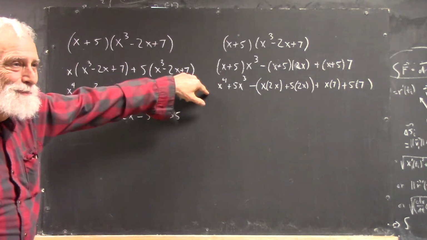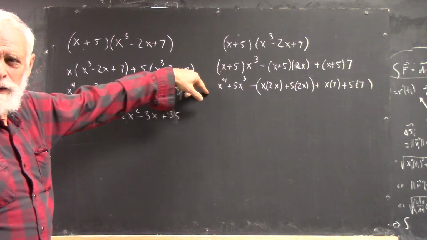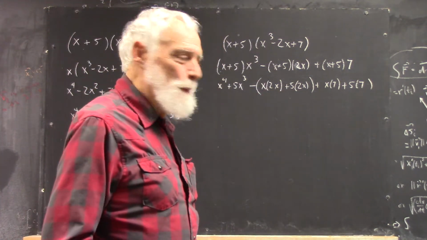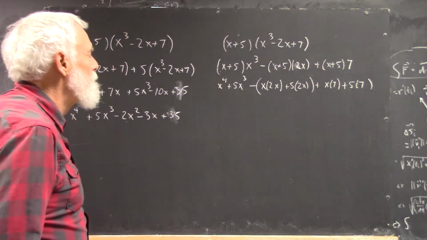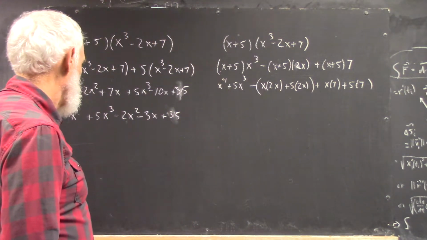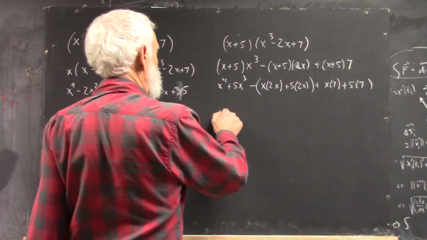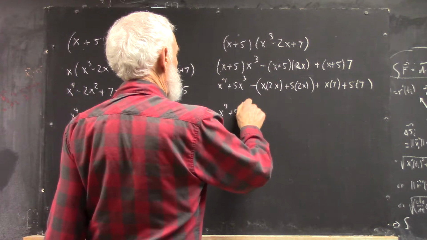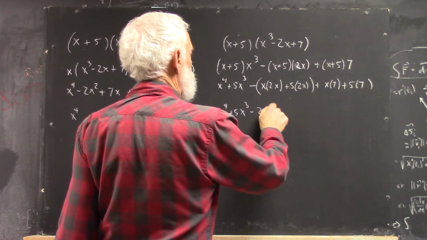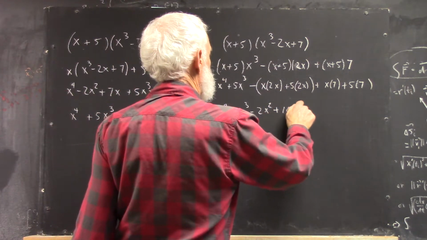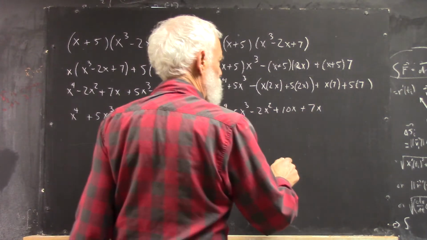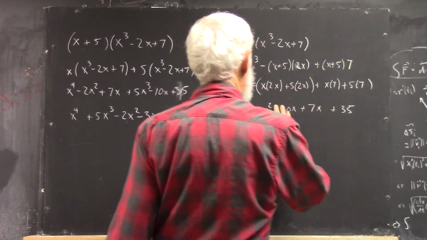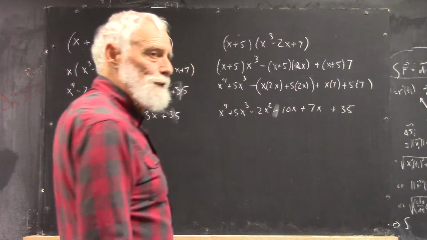Probably have as many, they just aren't connected as well. Miss little details. And if we do it on this side, it's always a good idea. We again have an x to the 4th plus 5x cubed minus 2x squared plus 10x plus 7x, uh-oh, something's wrong, maybe, plus 35. Oh, I get it, this should be minus 10x, right?